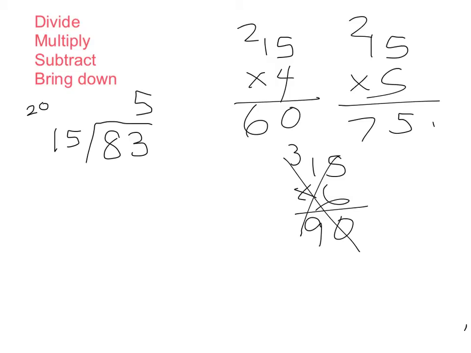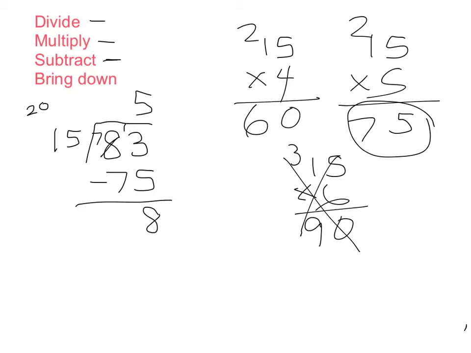And then 15 times 5 was 75. So my divide was 5. My 15 times 5 is 75. Now I'm going to subtract, and I get 8.